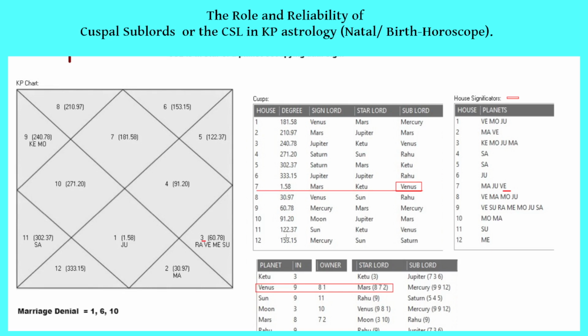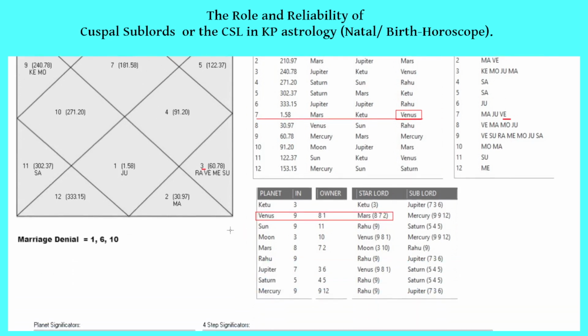That means there is a separation, because the second marriage cannot happen unless there is a separation leading to a divorce, or unless the spouse, the first wife, this is a male horoscope, dies, and then only the second marriage is formed. So you are obviously going to offer this kind of result to this person.